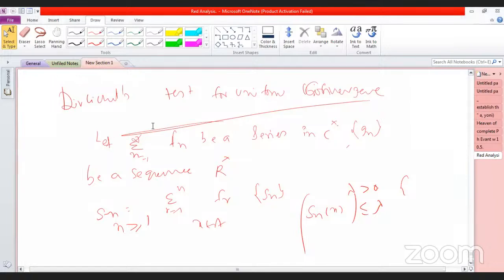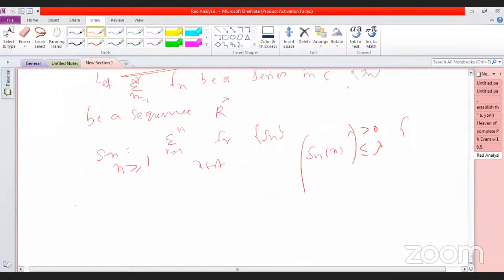For each x belonging to A, g n of x is it decreasing or increasing? Decreasing here. Why? Because it is greater than 0.